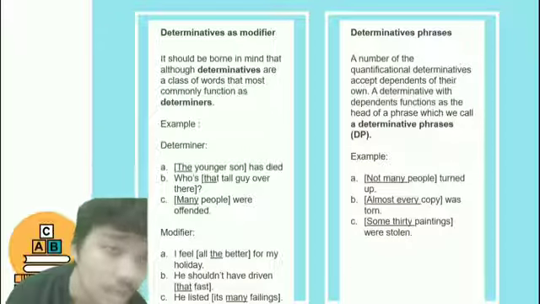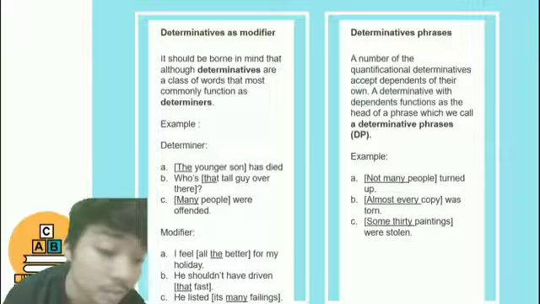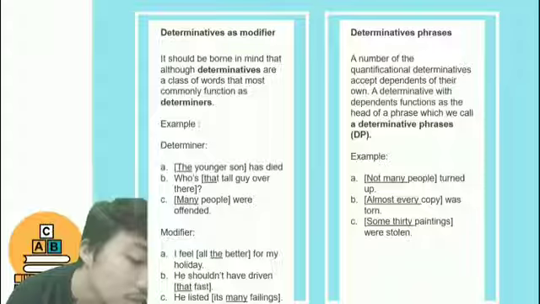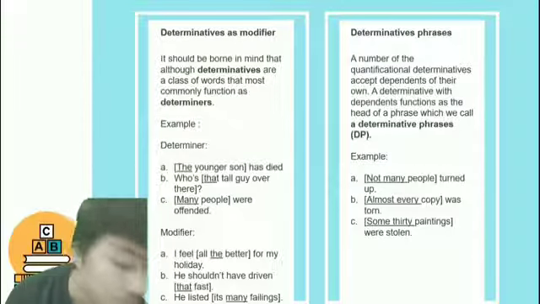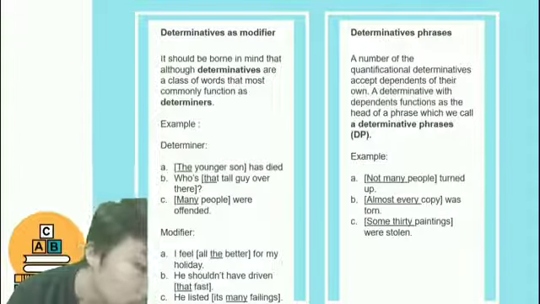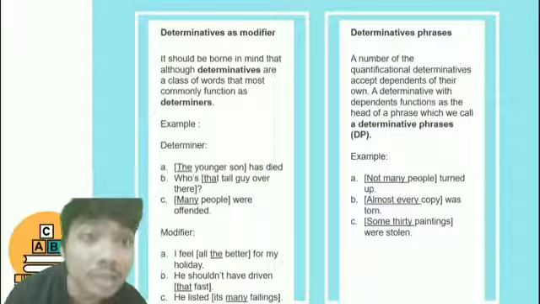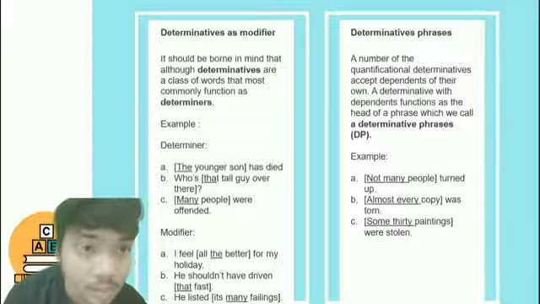And next is determinative phrase. A number of the quantificational determinatives accept dependents of their own. A determinative with dependents functions as the head of a phrase, which we call a determinative phrase or DP.